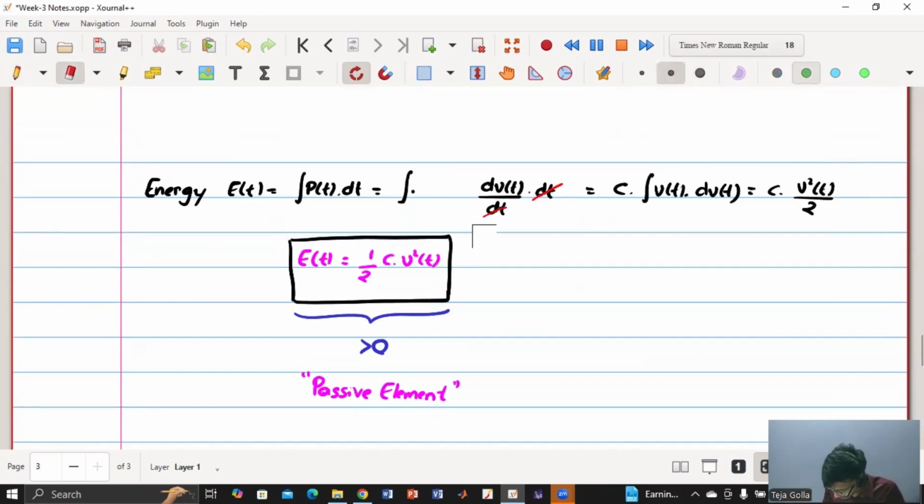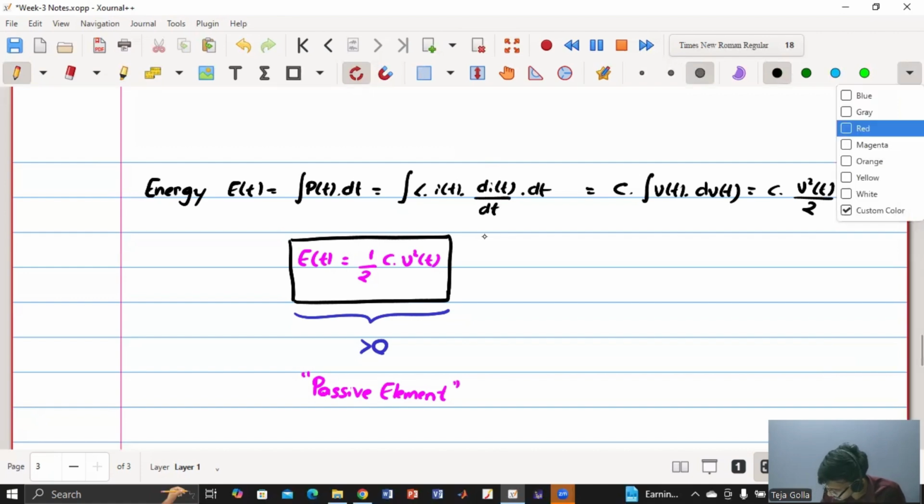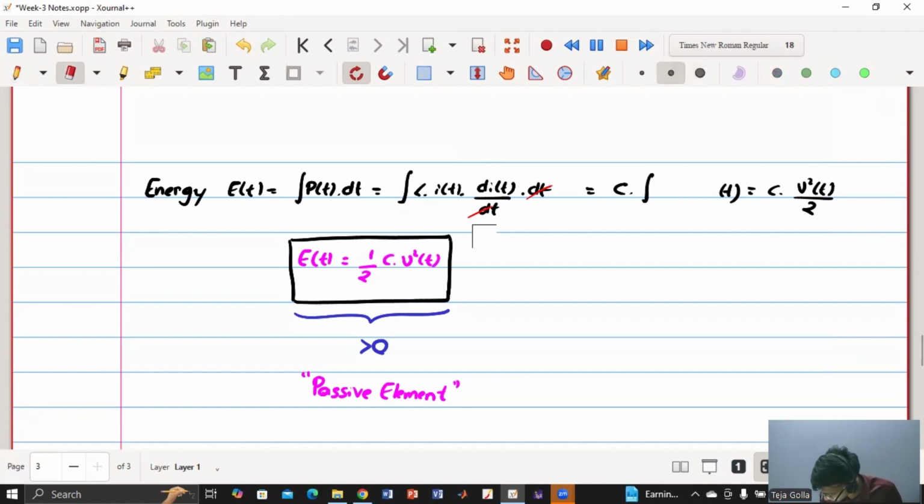So instead of C V(t) dV(t) by dt, we have L into I of t into di of t by dt into dt. So dt will get cancelled. Then we'll have I of t into di of t.